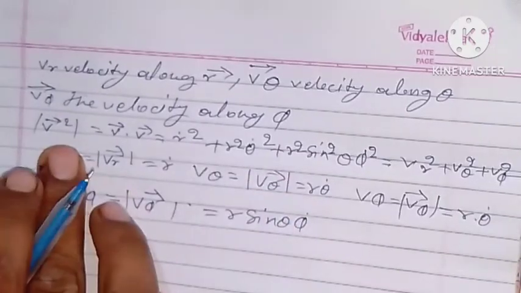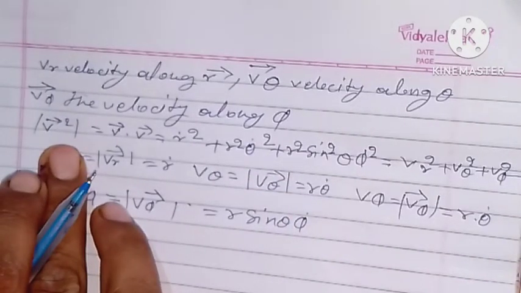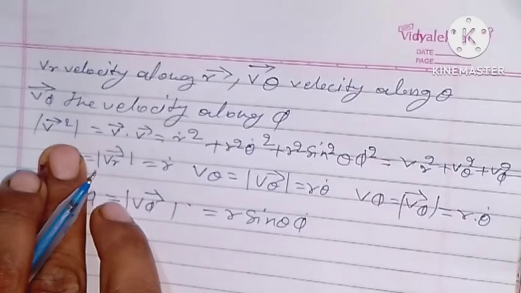If a particle travels only in a straight line, it has only the linear velocity vector vr equal to differentiate of r into unit vector r.